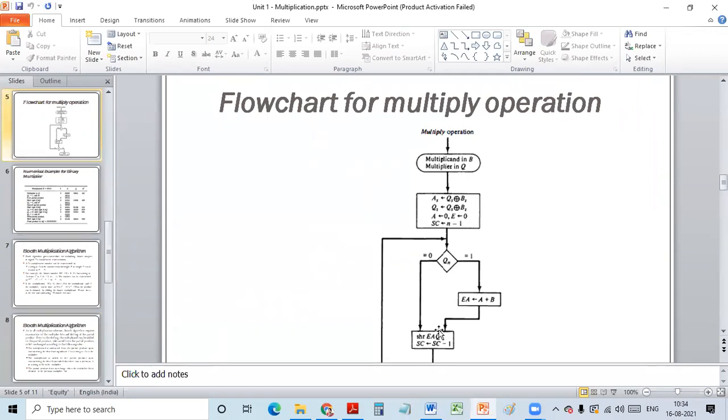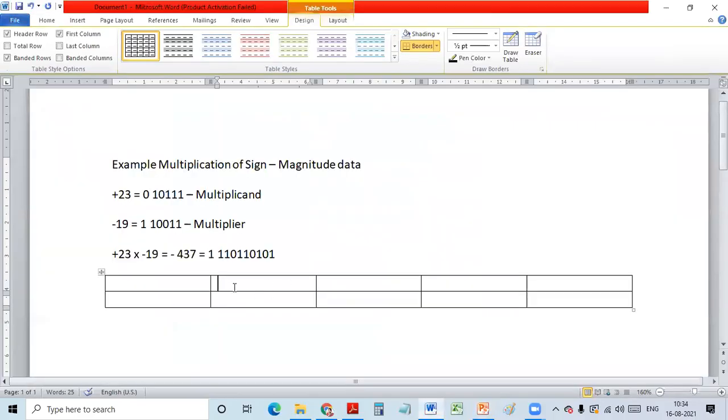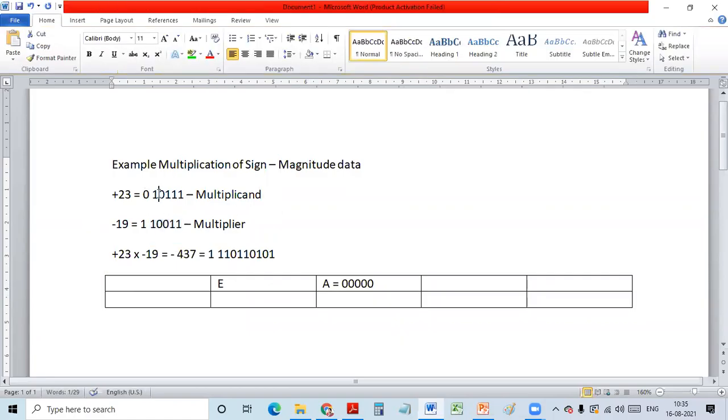So I require the E bit and A, which holds your initial accumulated product or partial product, which is 00000, because n minus 1 is 5 in both the cases.